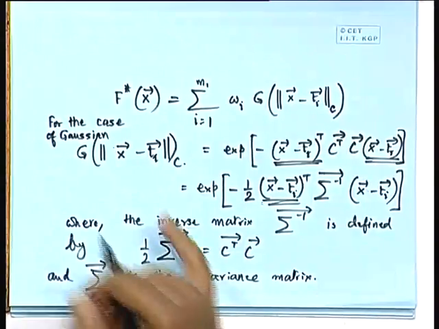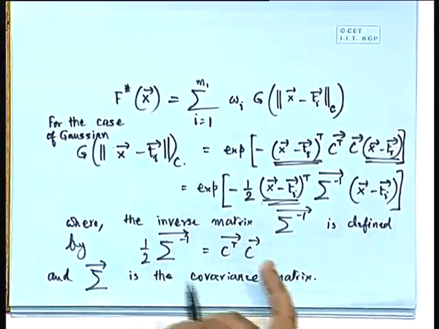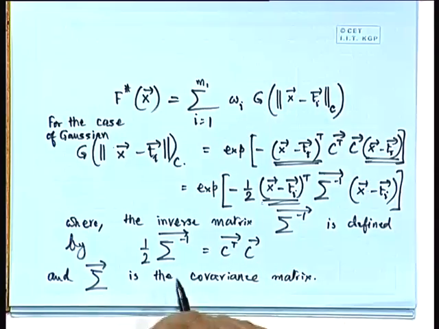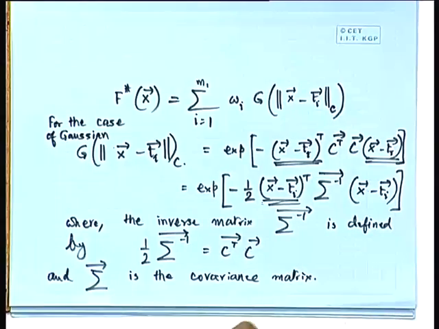The argument of the Green's function could be a weighted norm, and in terms of the weighted norm, things can be expressed, like for the case of Gaussian, we could be expressing the weighted norm form like this, where this could be expressed in terms of sigma inverse, where sigma inverse is C transpose C and sigma happens to be the covariance matrix.